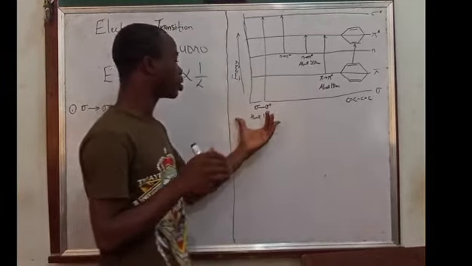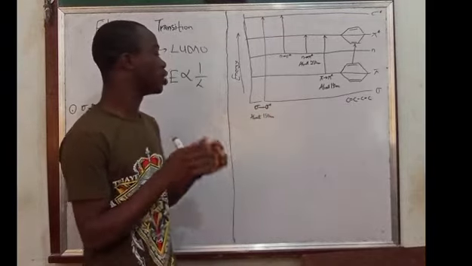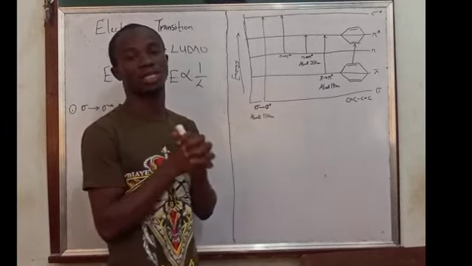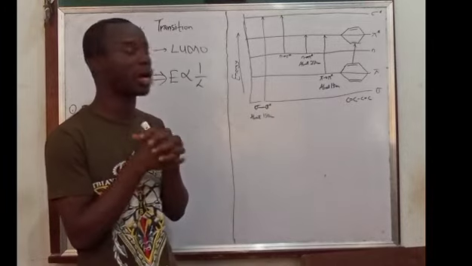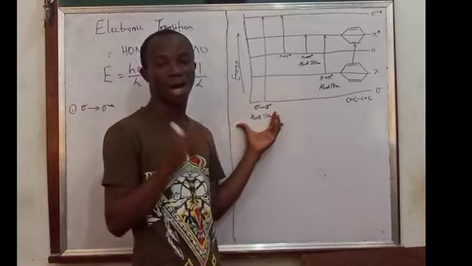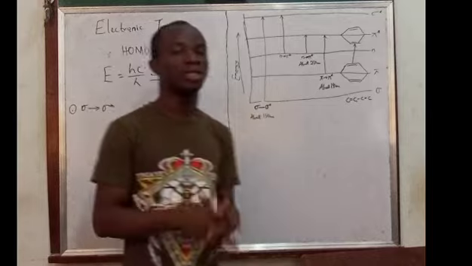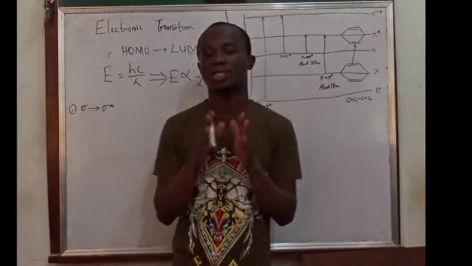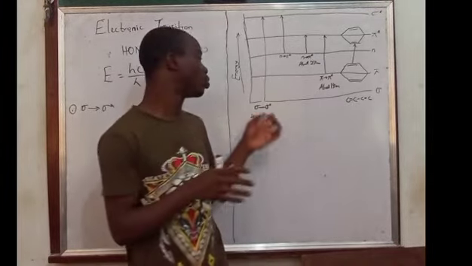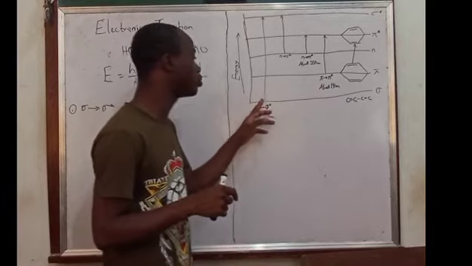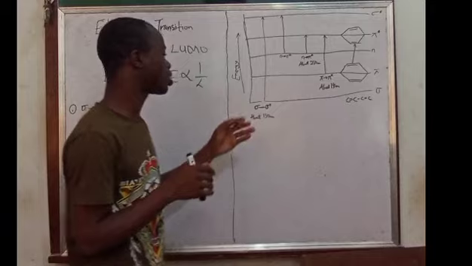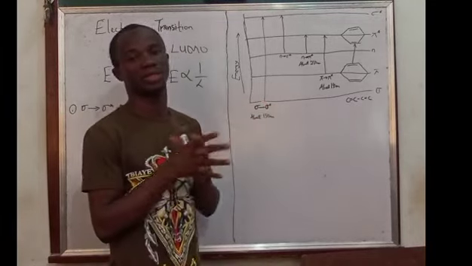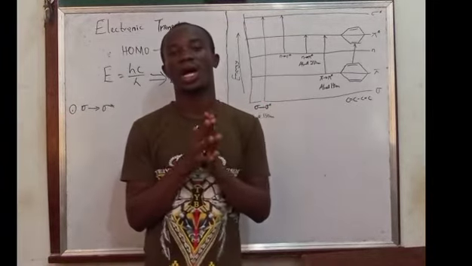But looking at these particular transitions, the wavelength of light required to cause the transition of electron from sigma to sigma antibonding is around 150 nanometers, which implies that UV light does not have enough energy to cause this transition, and that implies that this particular transition will be UV inactive.